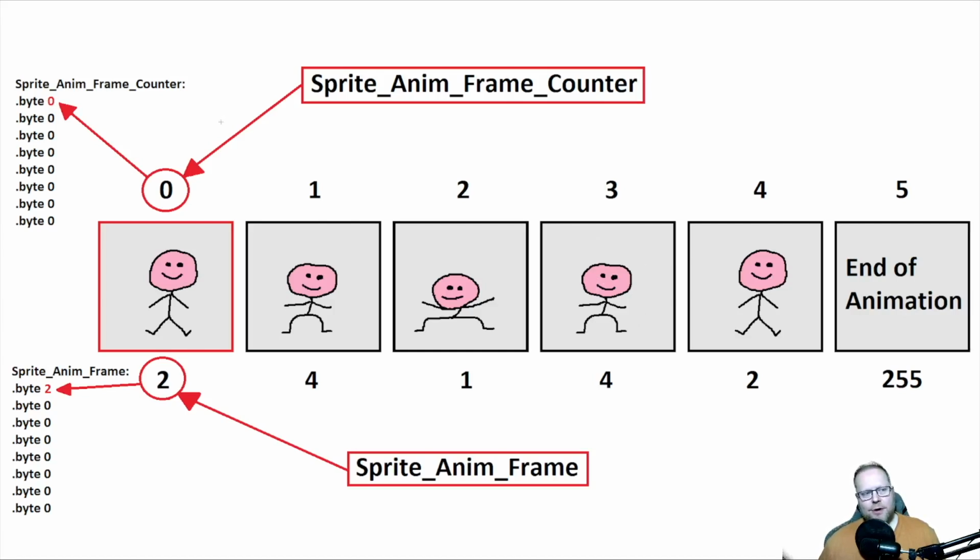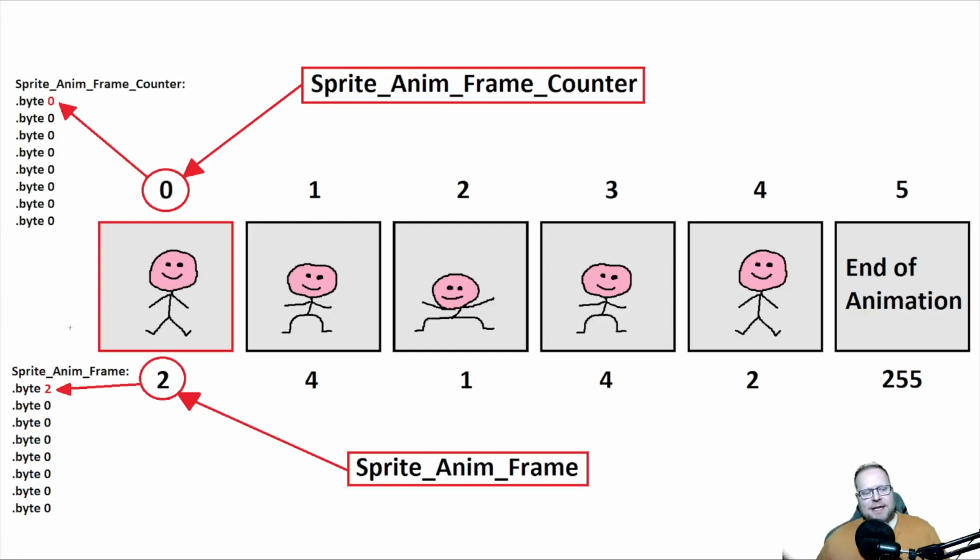Then we get to 4, 5, and so on. So each of the entries here just keeps track of what's the current frame for that particular sprite. So Sprite Anim Frame Counter just keeps track of what frame number each sprite currently has. So that keeps track of that.